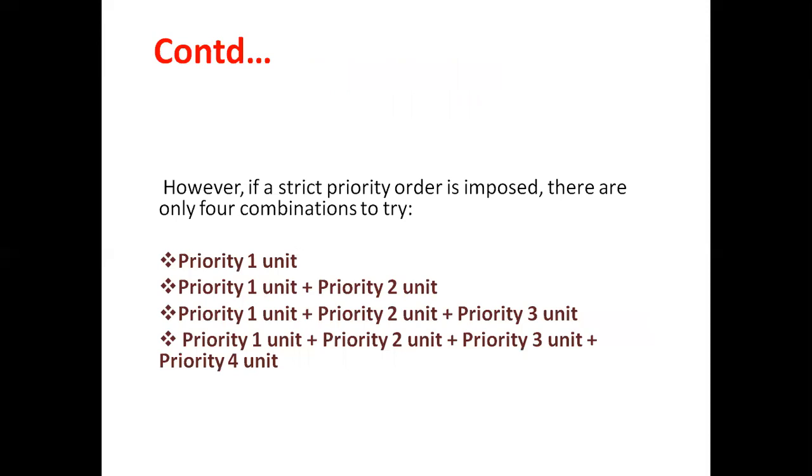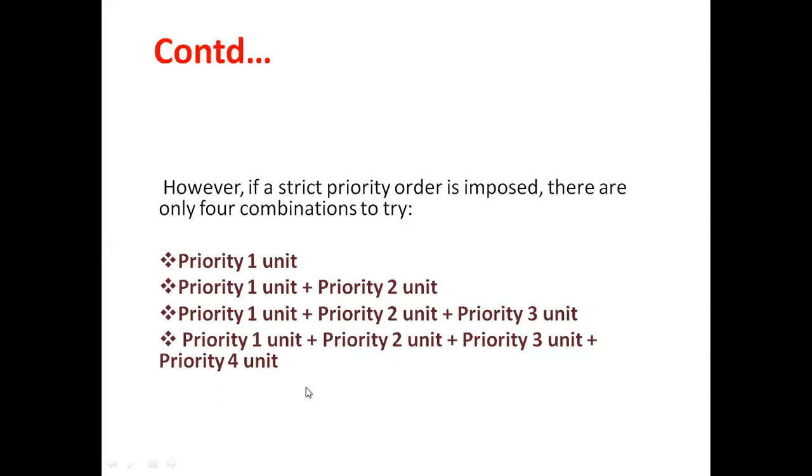So, if we apply the concept of strict priority order of 4 units depending upon the average fuel cost, we will produce a priority list. We will see later how this priority list is produced.